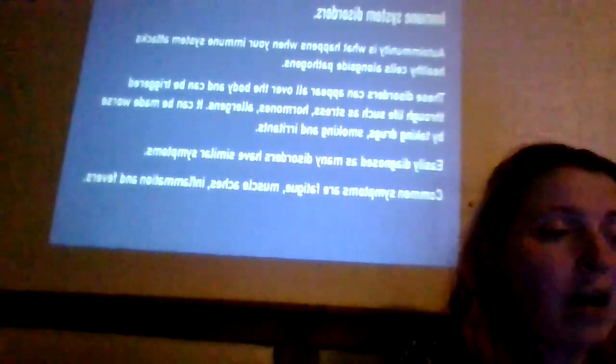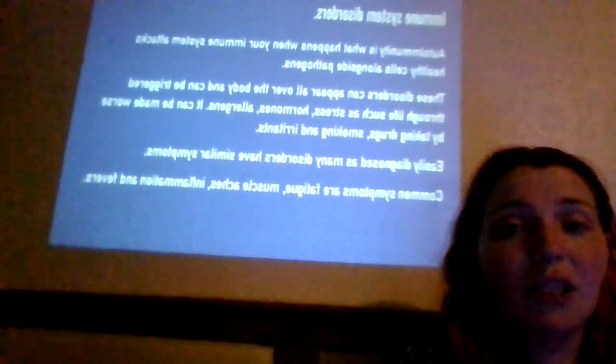So many people have immune system disorders, which is obviously when your body can't distinguish between healthy cells and bad cells. But it is very easily diagnosed, and I'm going to go through some of the quite common disorders.